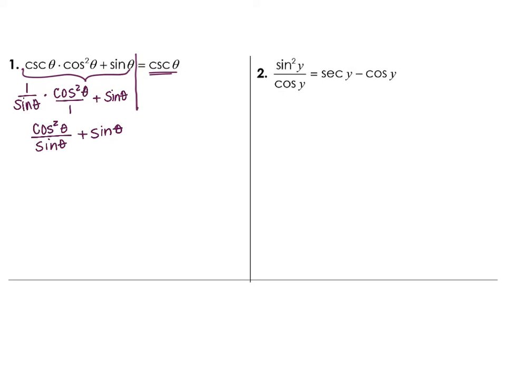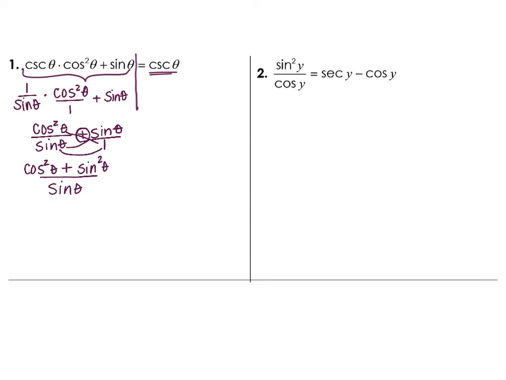From there, we're going to get a common denominator, which I'm going to put sine theta over 1. And this is going to be where we do our shortcut when adding fractions. We know it's plus because of the plus. We know the denominator is going to be the product of 1 and sine theta. And then we're going to say cosine squared times 1 is going to be cosine squared theta, plus sine theta times sine theta is sine squared theta.